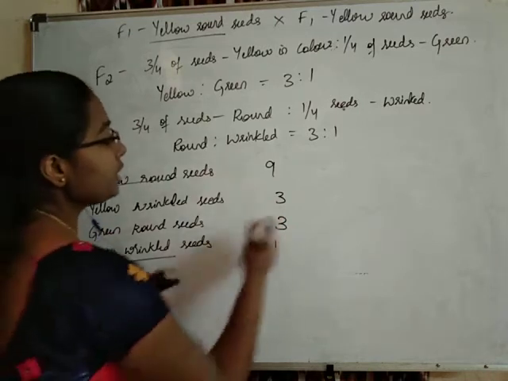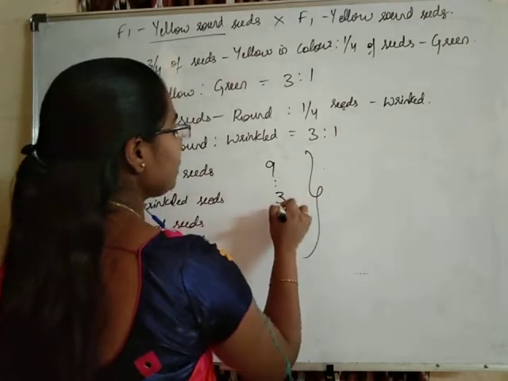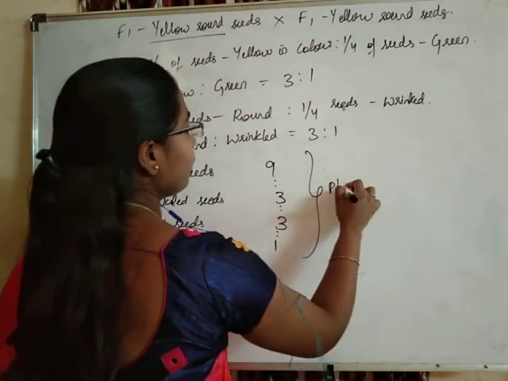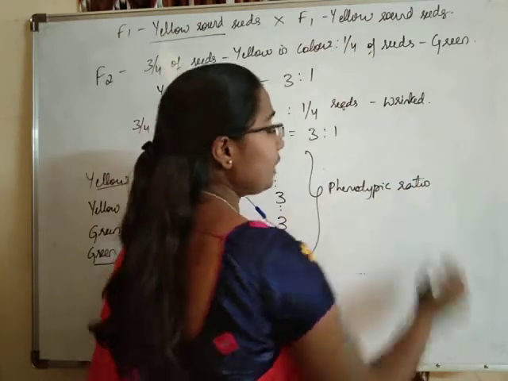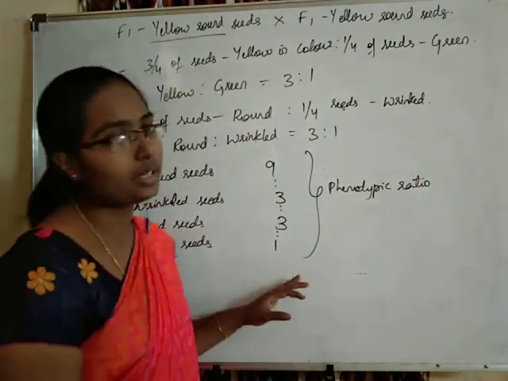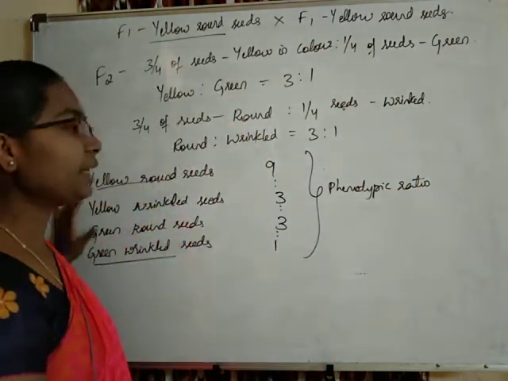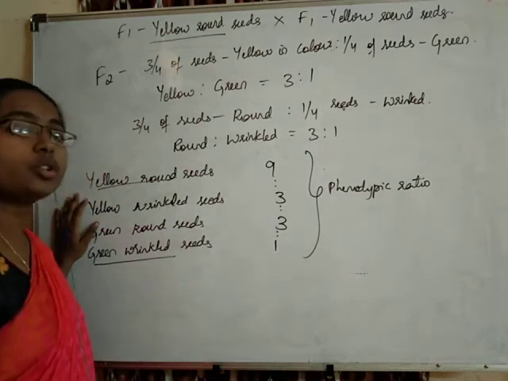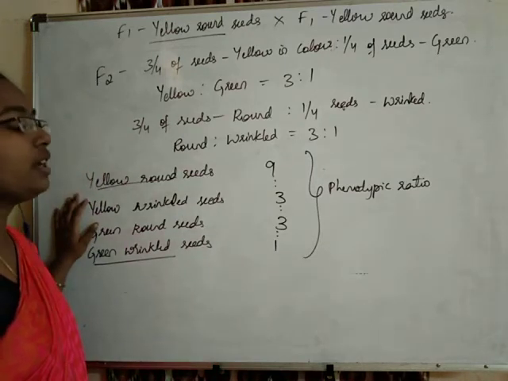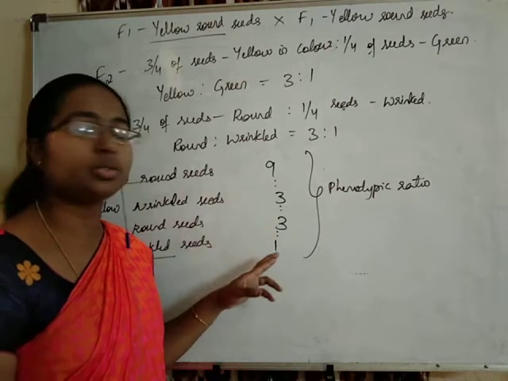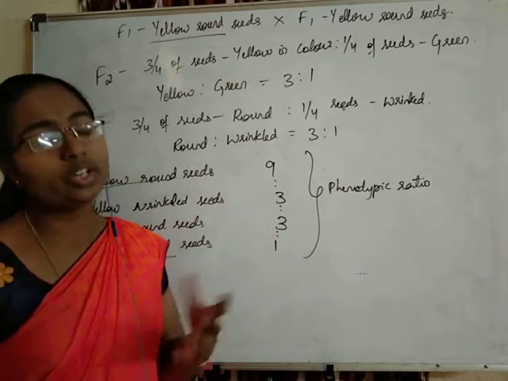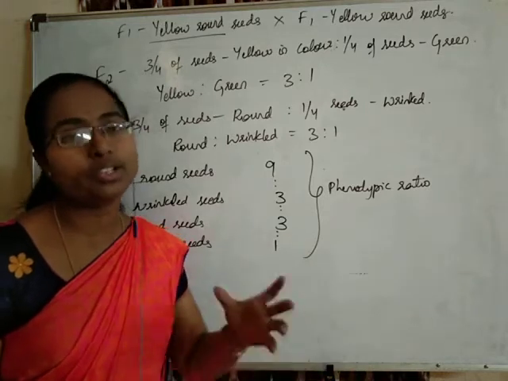This is a phenotypic ratio which we will observe from the Punnett square later on. So parental combinations are seen and also new combinations, exhibiting a phenotypic ratio of 9:3:3:1.